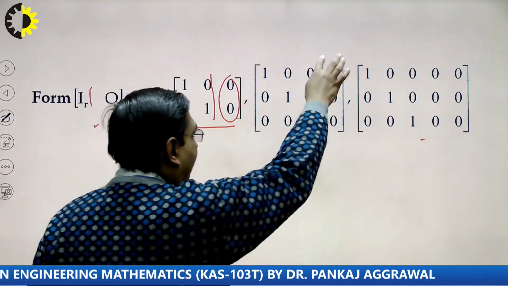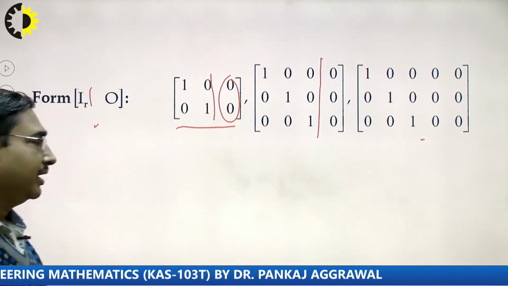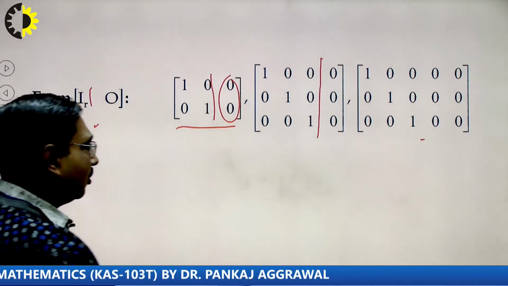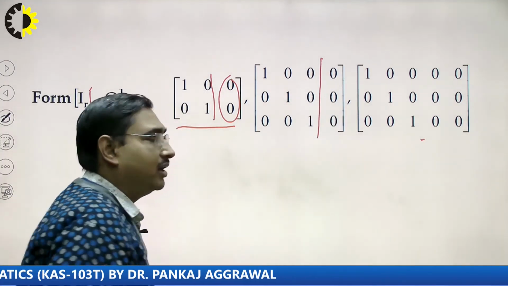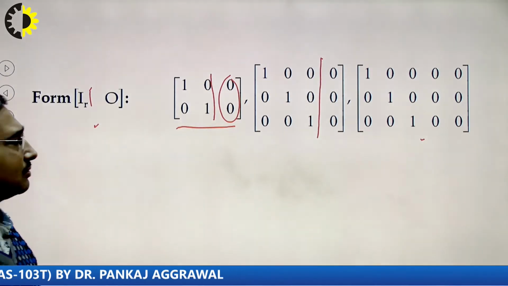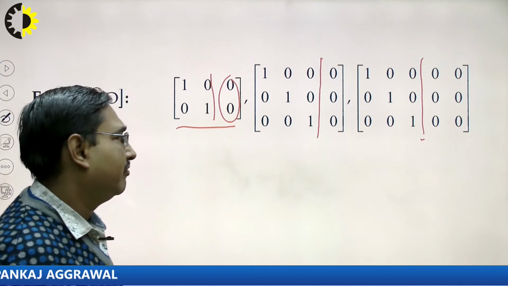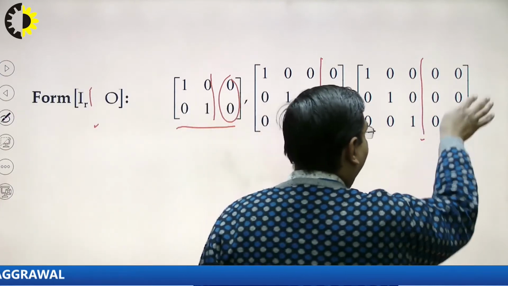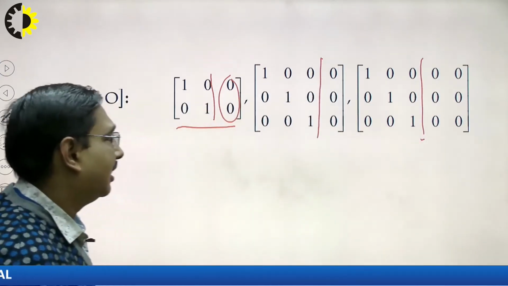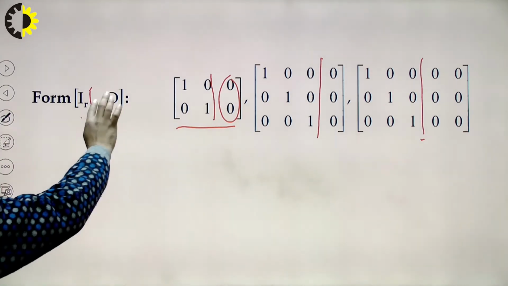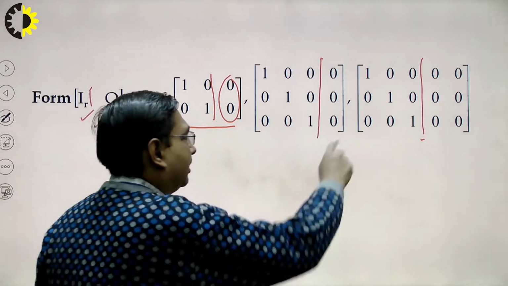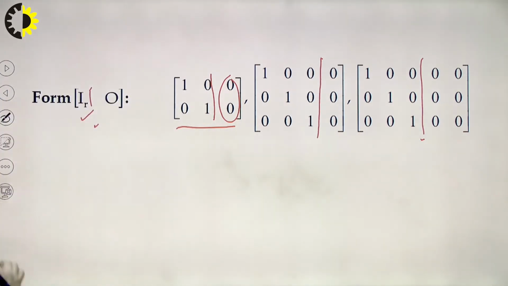Similarly, here is an identity matrix and only zeros on the right of that identity matrix. Here only the identity matrix is on the left and the remaining elements after that on the right-hand side are zeros. So, each of these matrices mentioned here is in the form [I_r O].